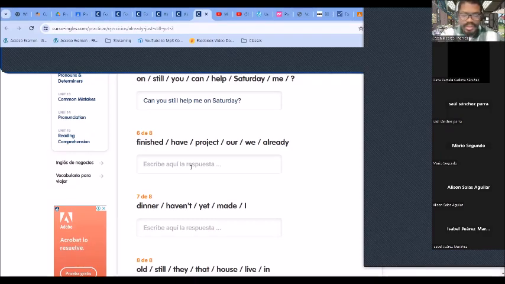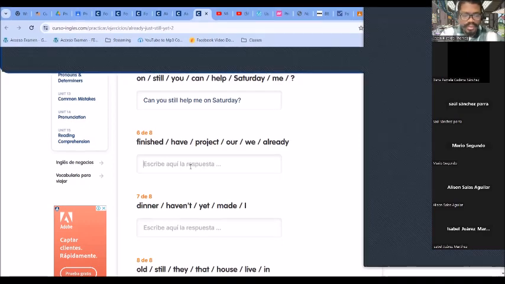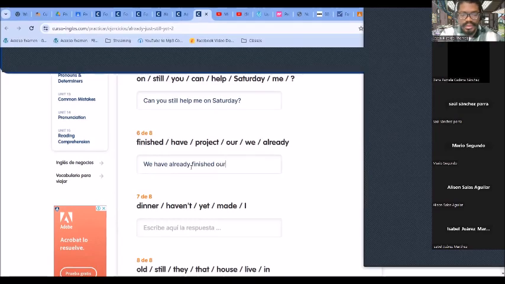Right, already usually comes between your auxiliary and your main verb. We have already finished our project. It's usually up here.